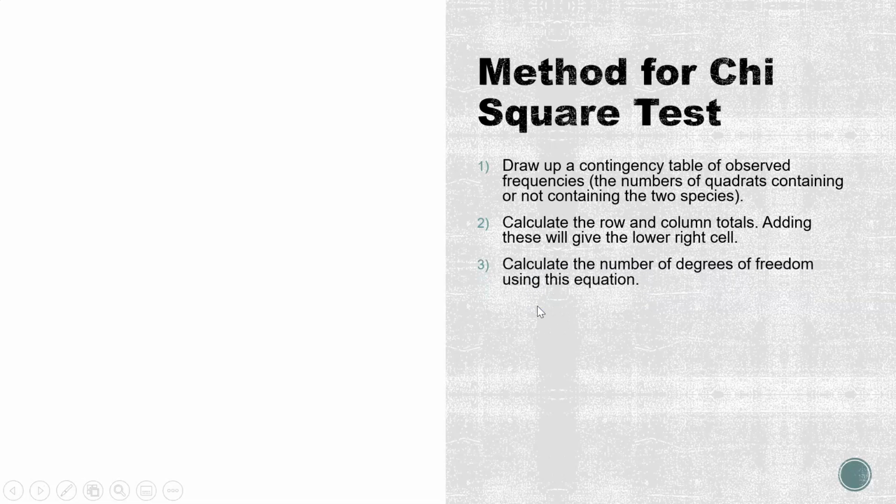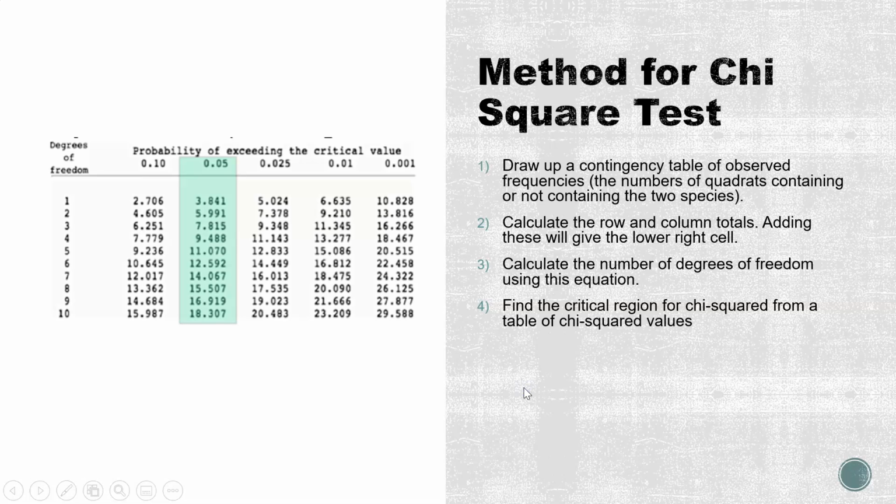Now you need to calculate the number of degrees of freedom using this equation, where M is your number of rows and N is your number of columns in your contingency table. Find the critical region for chi-squared from a table of chi-squared values. You'd be given your table of values if you were doing this in a real life situation.